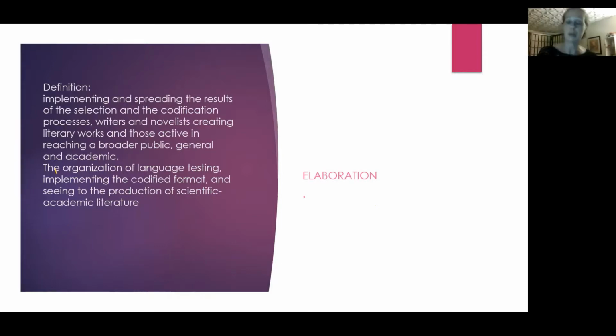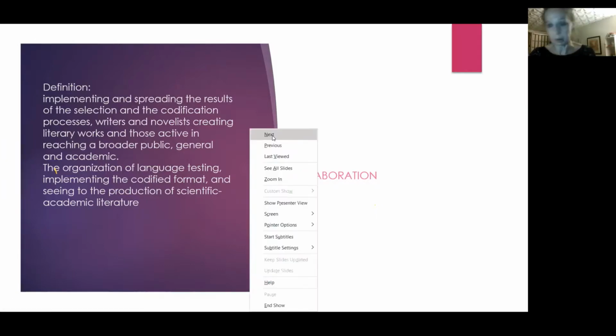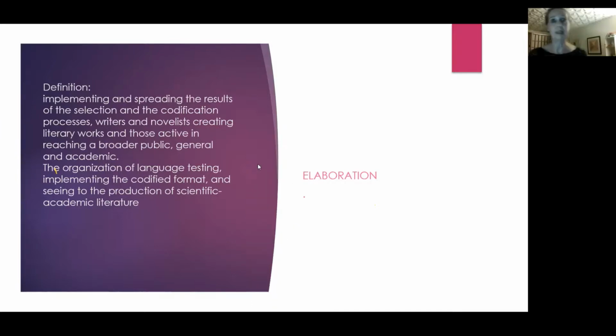So actually starting to teach academic subjects in Taiwanese. It's one of the aims we currently have at the department. I'm at NTNU. So that's the definition of what is meant by elaboration.